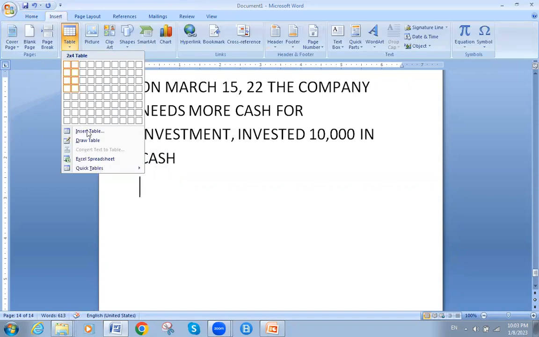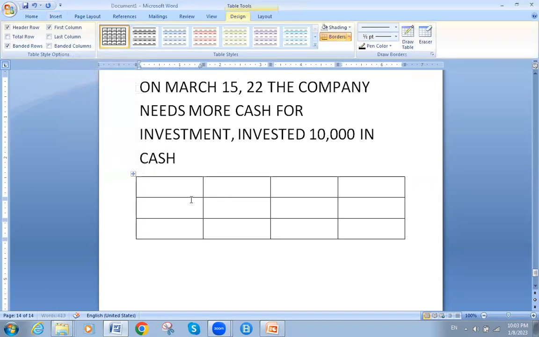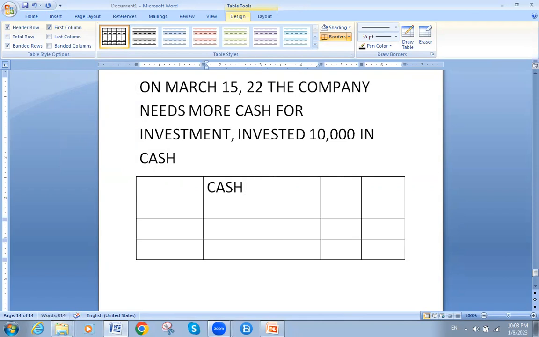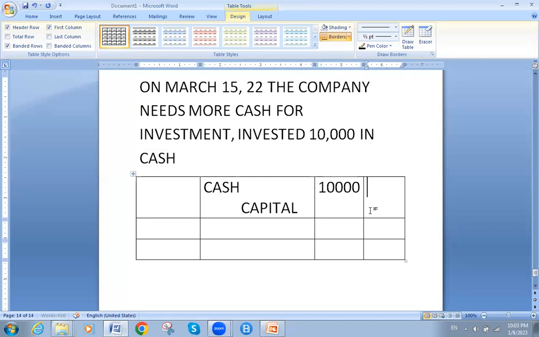I would say insert table 4x4, and here we go. Here it is. So I will say here from cash to capital. This is 10,000, this is 10,000.